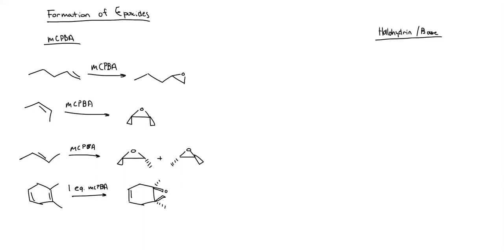The other way to form epoxides, we don't use as much, at least in this course, but it's good to know. I'm just going to do one example with it. We start off with an alkene again, but in this case, we go through 2 steps. The first step would be Br2 with water, followed by NaOH with water.